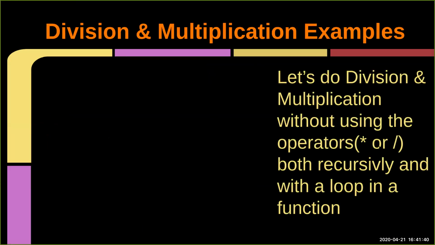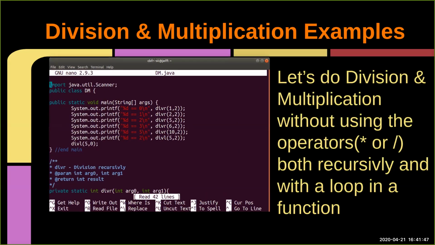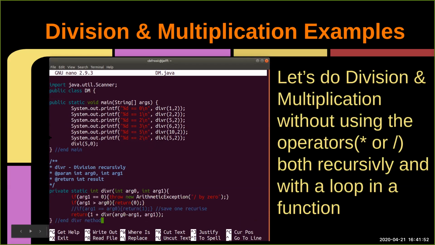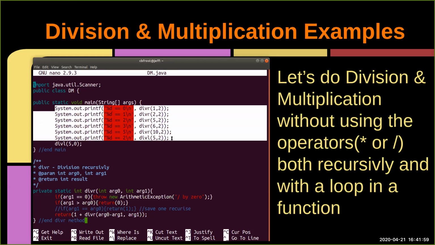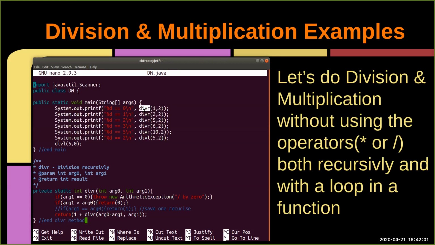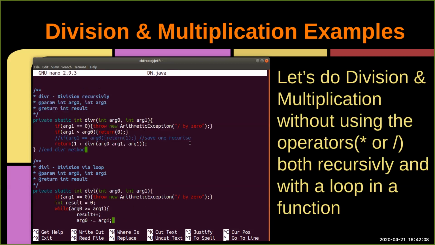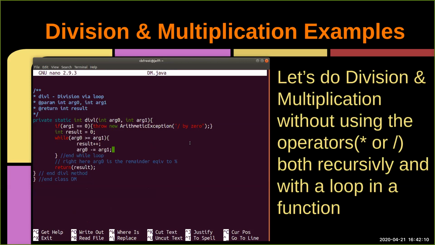Okie dokie. So this is where we left off. Let's pull this up. In our main, we called our div r, which is recursive, and div l, which is the loop, or iterative, as some people might call it.